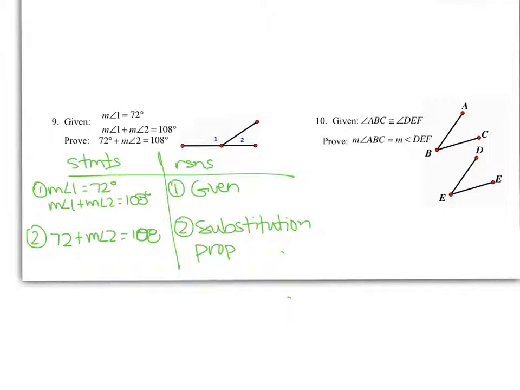Okay, angle ABC is congruent to angle DEF. We want to prove that their measures are equal. Well, we just did one like this in reverse. So like I said, if you want to pause, see if you can answer this on your own.